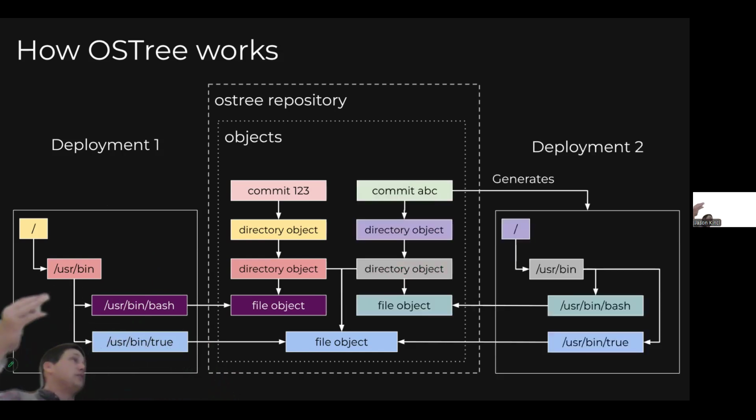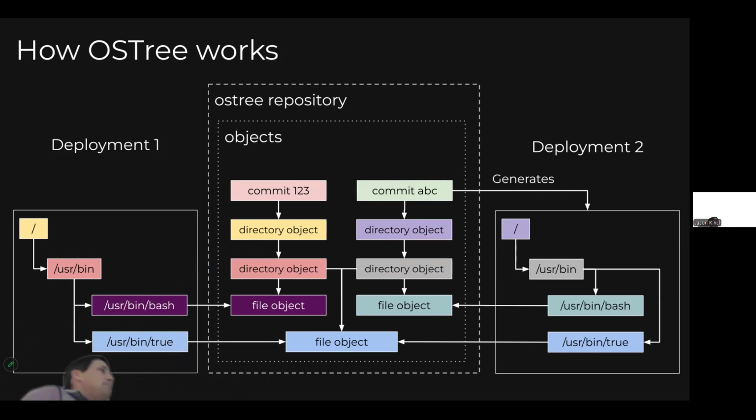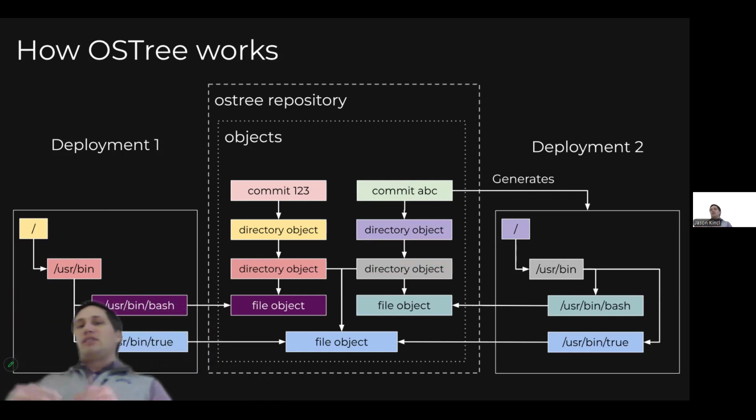When you upgrade to a second deployment, since you're using hard links, you can see here we've got /bin/bash and /usr/bin/bash that are different. So we've got two different file objects we're duplicating, and there's extra data there. But /usr/bin/true is the same, so we can reference the same content hash. So we can deduplicate a little bit and save a little bit of space. Really, that's what we're doing. Very complex system to save some space, guys.